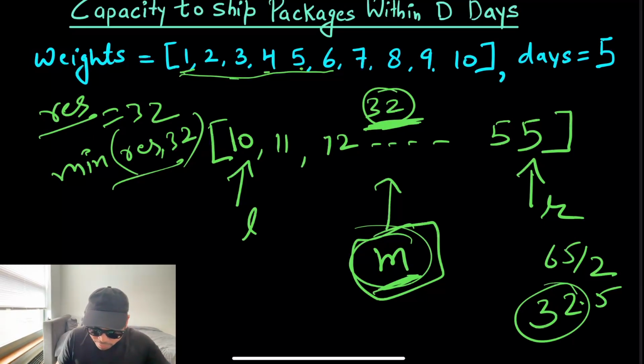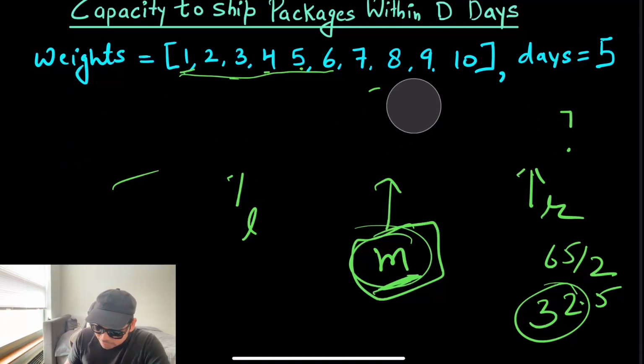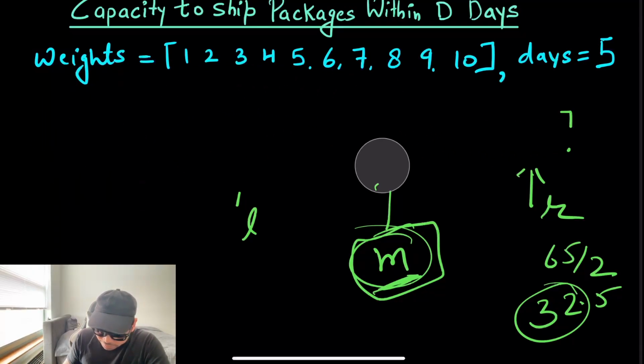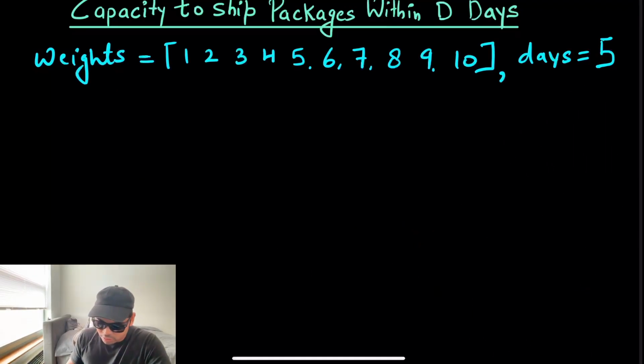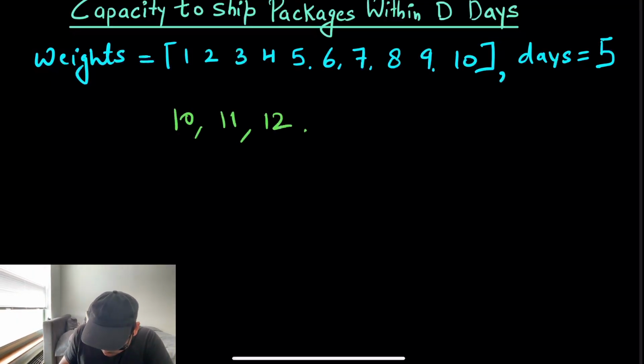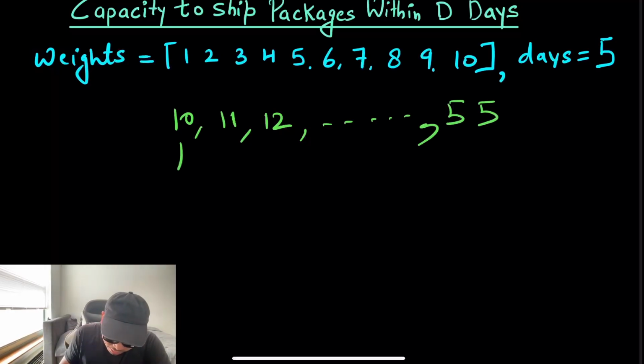I don't want to make this video too long, but it would be better if we understand it nicely by going through how we are actually deciding, going over one example. Okay, let's go again. It will be better to understand. So we have this range, this is my range, left pointer, right pointer.